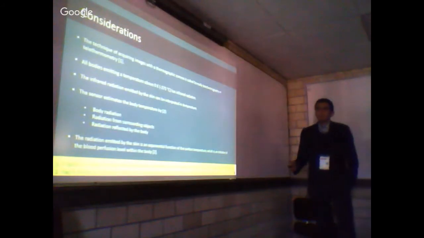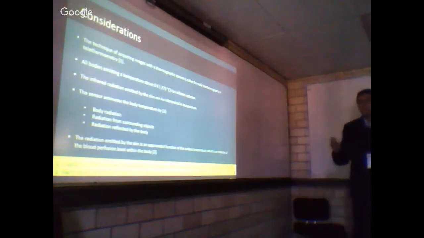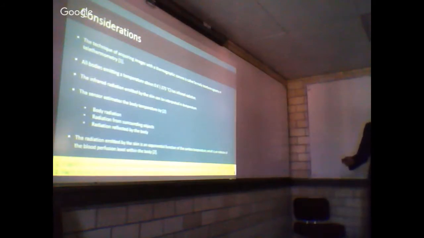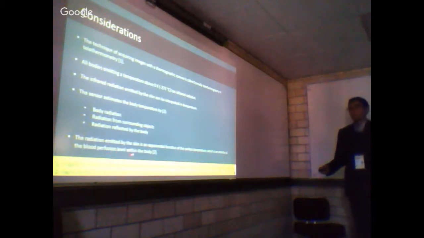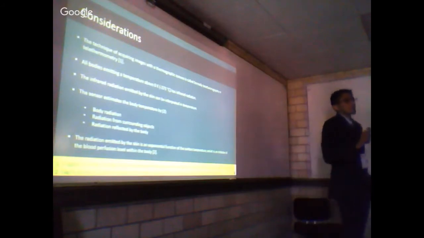These three parameters are taken by the sensor and interpreted as temperature. From the literature, we know that the radiation emitted by the skin is an exponential function of the surface temperature. It is an indicator of the blood perfusion level within the body. That means it is possible to detect the zones compromised by vascular problems before they appear.